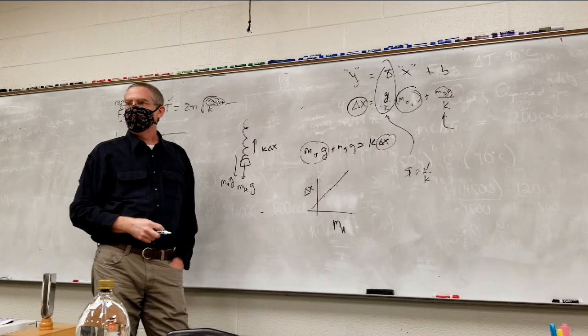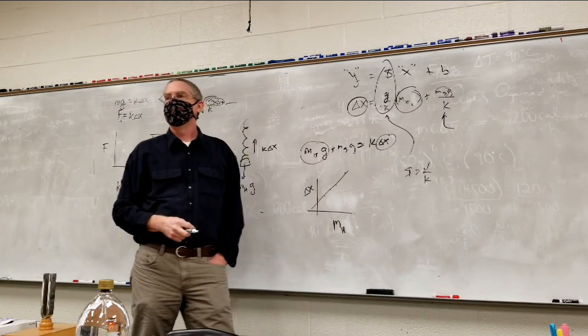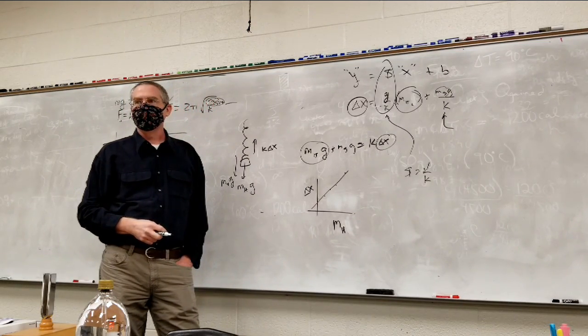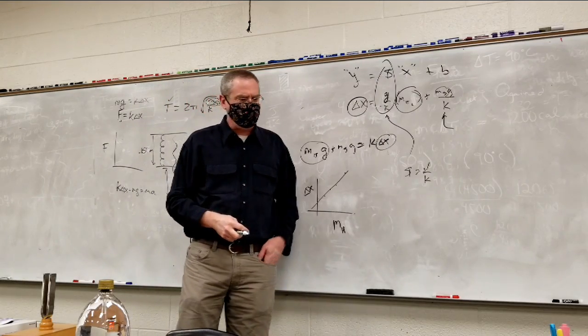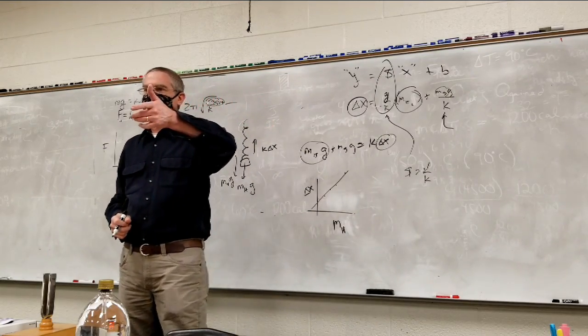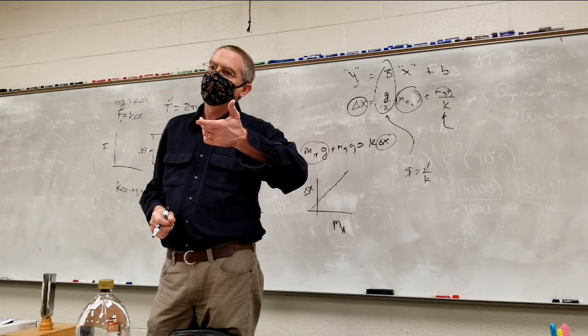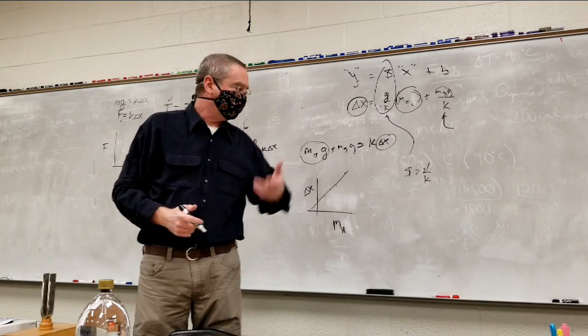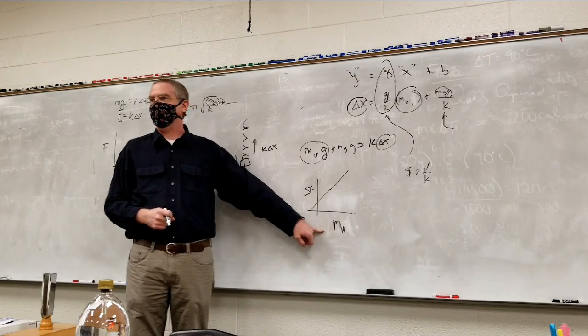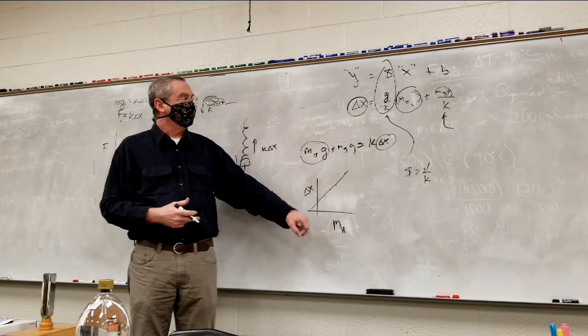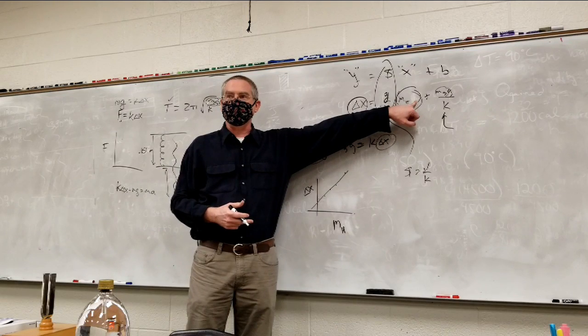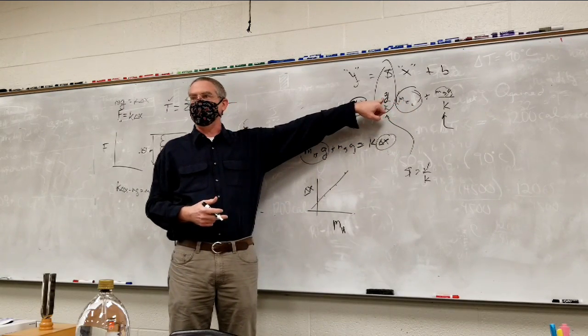I get it now, I think. Wait, so for the first graph, is it G over K or is it 1 over K? It says average position versus hanging mass. I plotted mass and not weight as I originally wrote down here. So where I did have a g here, I just moved the g up front.